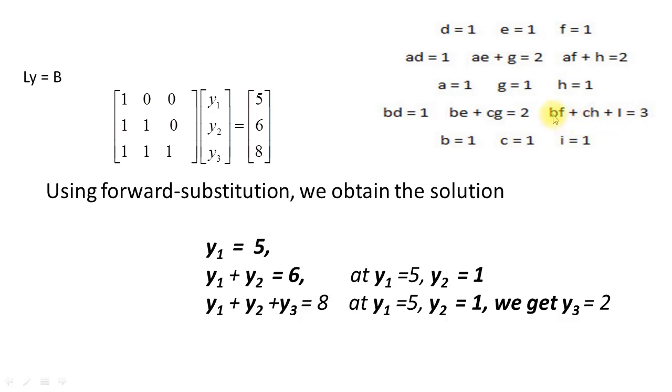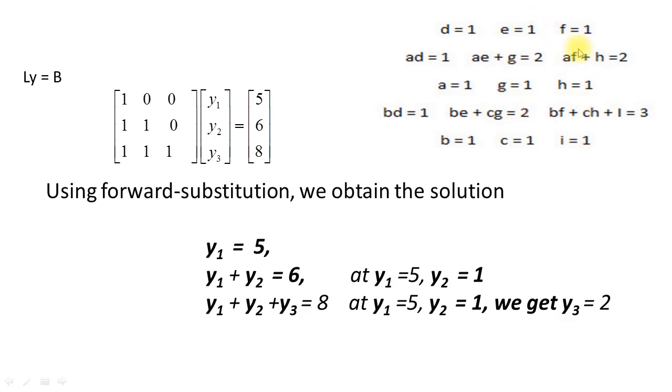Now the value of B is 1, the value of F is also 1, the value of C is 1, the value of H is also 1. So putting all these values, we obtain 1 multiplied by 1, plus 1 multiplied by 1. So 1 plus 1 is 2, so 3 minus 2 is equal to 1, so the value of I is 1.